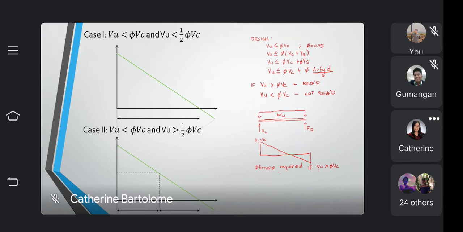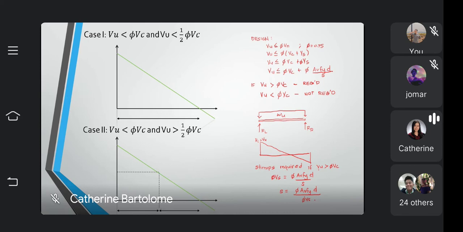Okay? So, we know that VS is equal to AV FY D over S. Okay, so transform lang natin to. We can get the value of S by i-substitute nyo lang dito, i-interchange nyo lang. So, S equals AV FY D over VS. Okay?